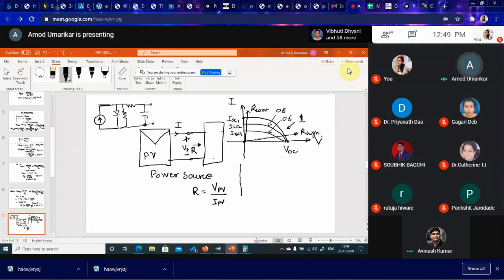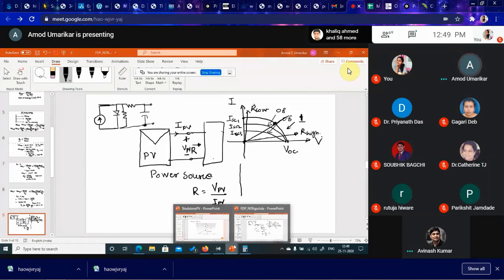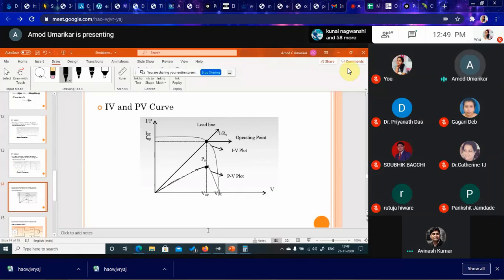So this is V_PV, and I should be such that it operates at this maximum power point. But it is not always possible, right?